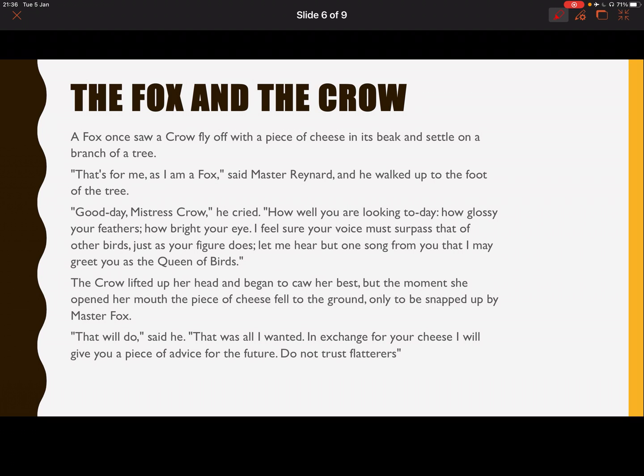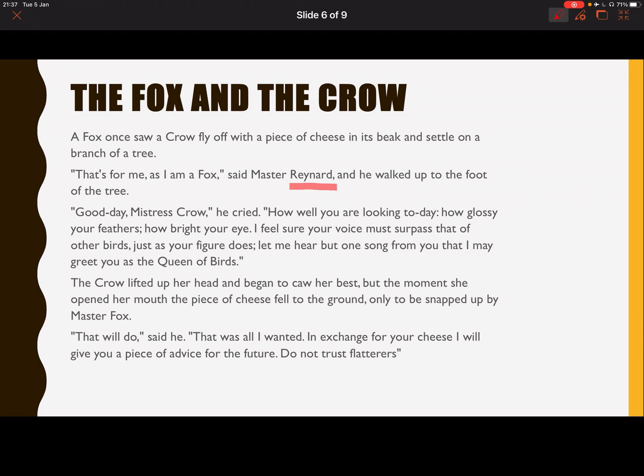Let me hear but one song from you, that I might greet you as the Queen of Birds." The crow lifted up her head and began to caw her best, but the moment she opened her mouth, the piece of cheese fell to the ground, only to be snapped up by Master Fox. "That'll do," he said. "That was all I wanted. In exchange for your cheese, I will give you a piece of advice for the future. Do not trust flatterers."